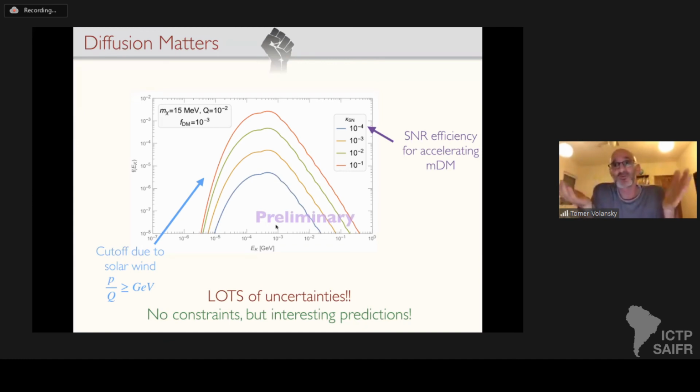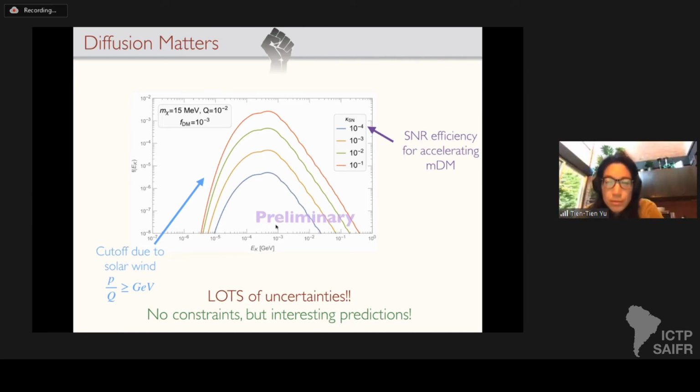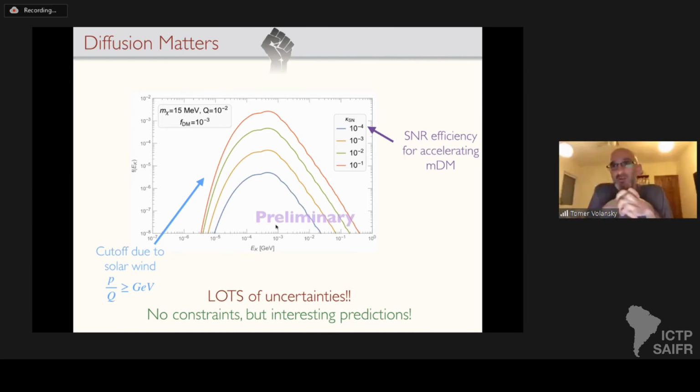You could model it by doing your diffusion in a box, and just putting the right boundary conditions at the galactic center. But even that is a toy model. It's nothing like what we actually believe is going on. And Farrar et al. are doing these fits for these magnetic fields, and I think they're very sensitive.